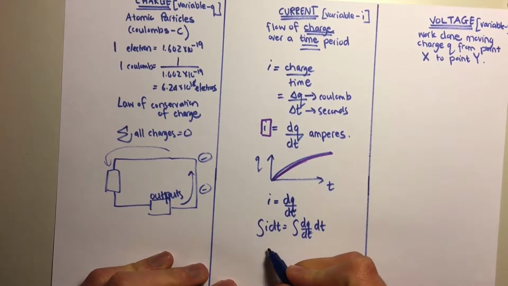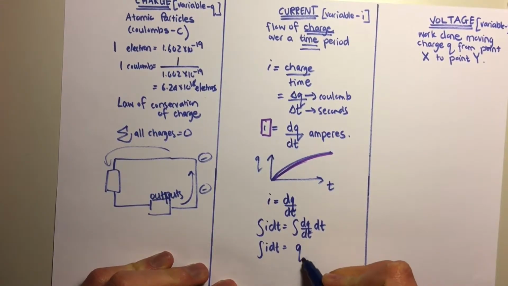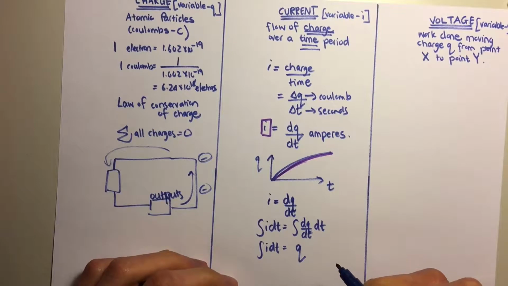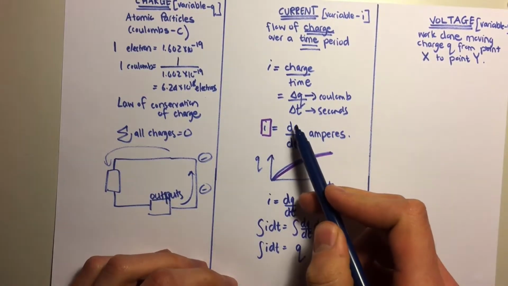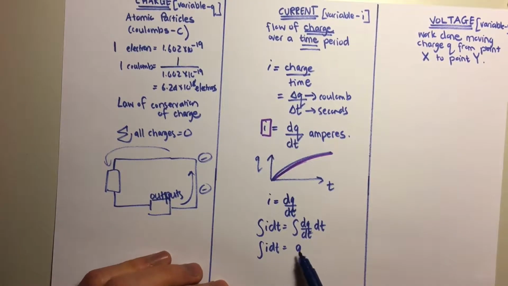That would mean that the integral of I dt would be equal to Q. We drew a graph of this, so we can also draw a graph of this. We're integrating I with respect to T, and that is equal to Q.